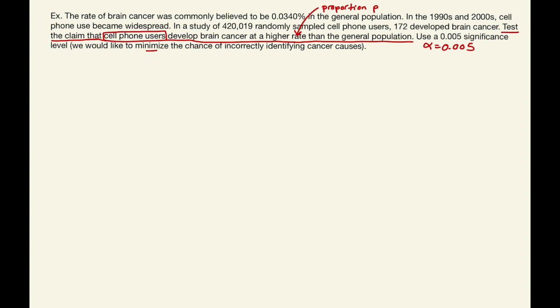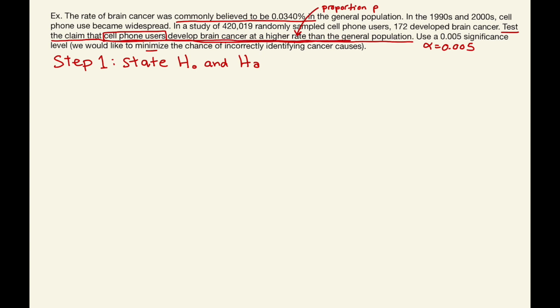Okay, so the very first step when we conduct a formal hypothesis test is to state the null and the alternative hypotheses.